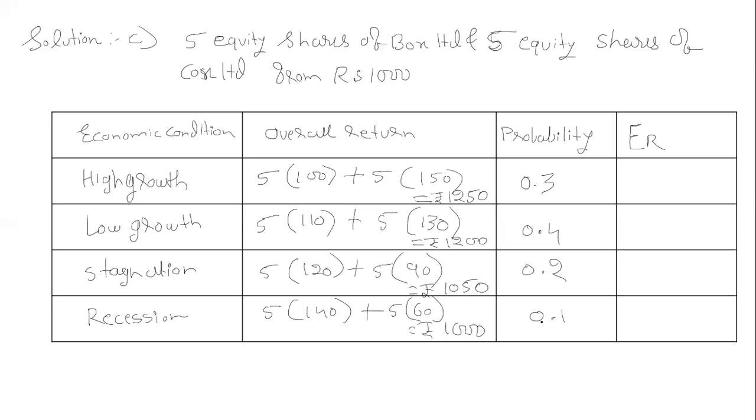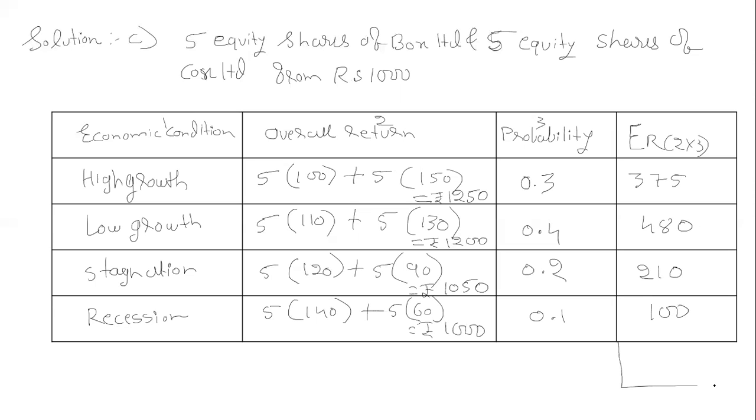So expected return, here again column number 2 into column number 3. So here we get values like 375, 480, then 210, then 100.